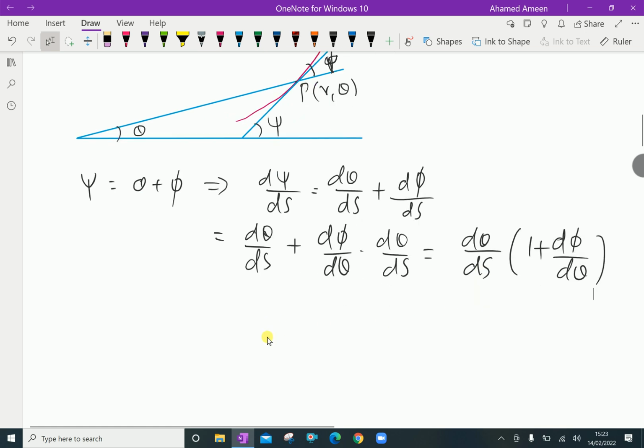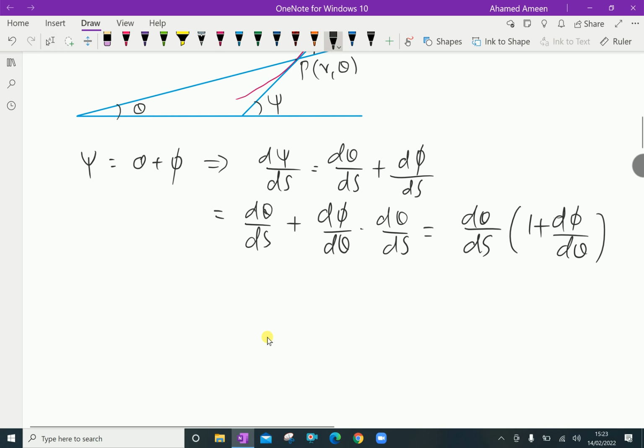Now we know that tan phi equals r by r1.